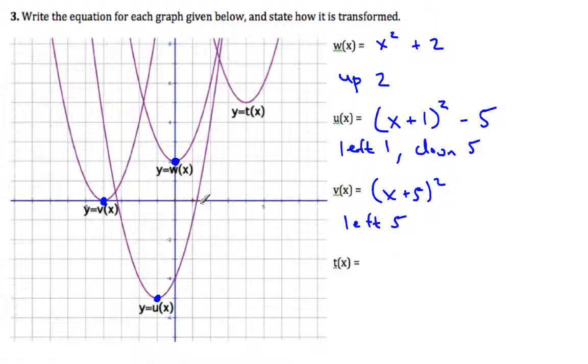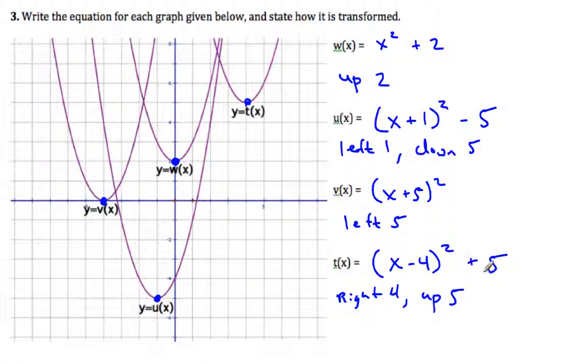Finally, T of x is right up here. This has been moved right 1, 2, 3, 4, and up 1, 2, 3, 4, 5. So in our equation, right 4, we say that's x minus 4 squared, and then up 5, we say plus 5.